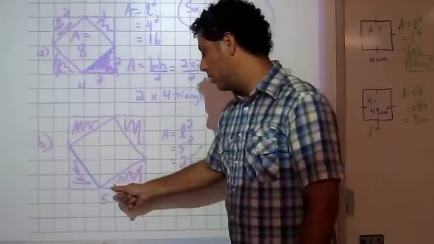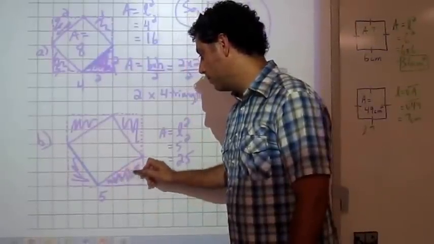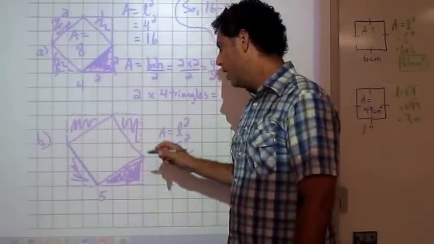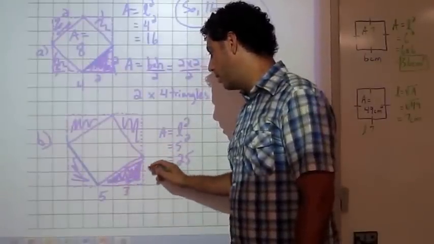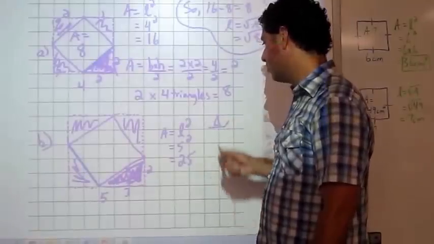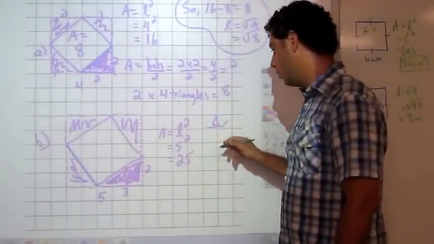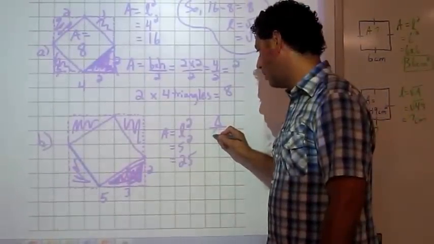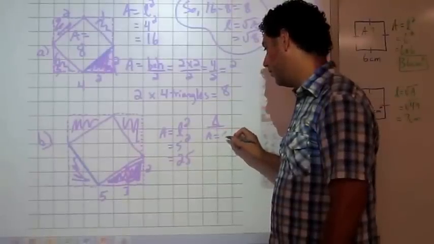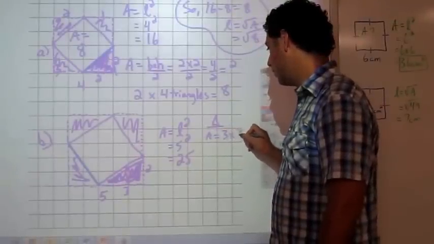Now, let's have a look at our triangles that we don't want to count. This triangle has a base of 3 and a height of 2. So we're looking at our triangles now. Make a little heading there to organize my work. That triangle has a base of 3 and a height of 2.